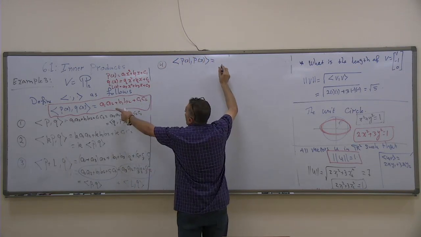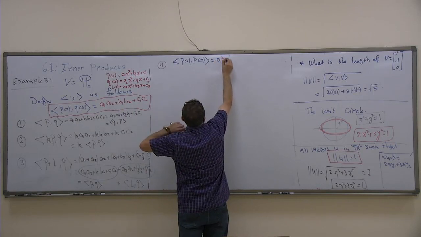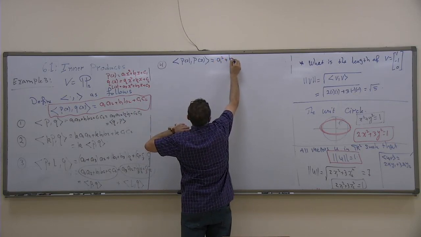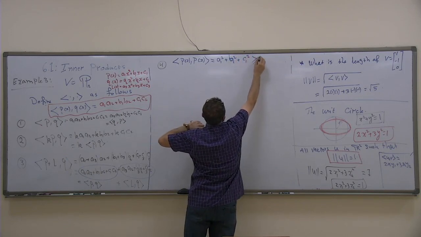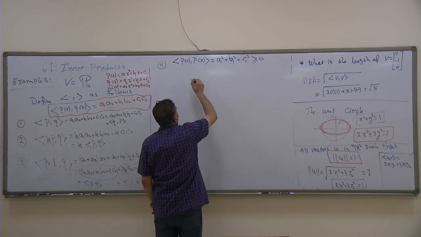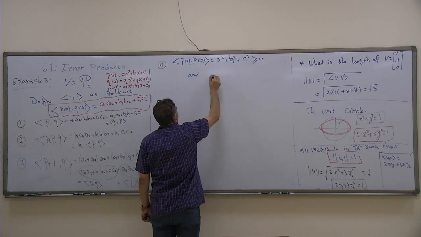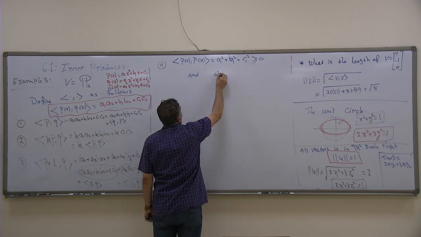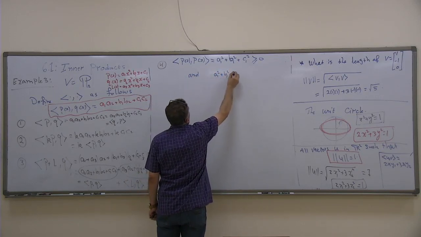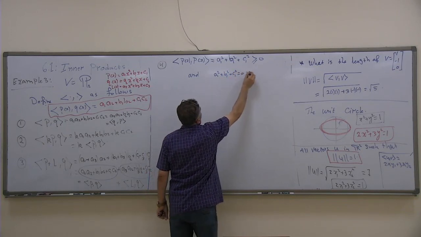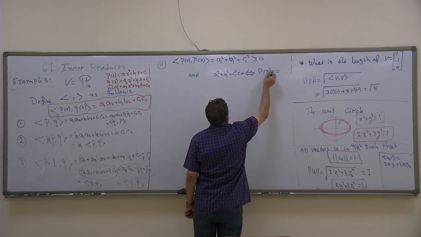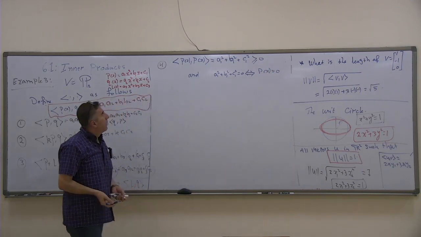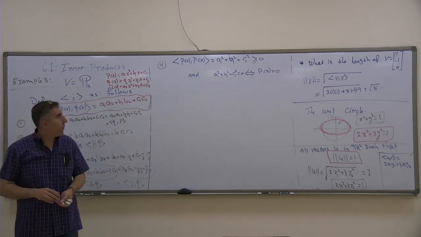You get A1 squared plus A2 squared plus B1 squared plus C1 squared. Obviously, this is greater than or equal to 0, and this is 0 if and only if P of x is 0. So the fourth condition is also satisfied.